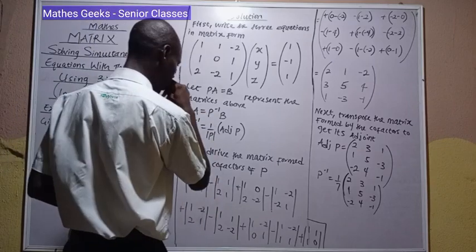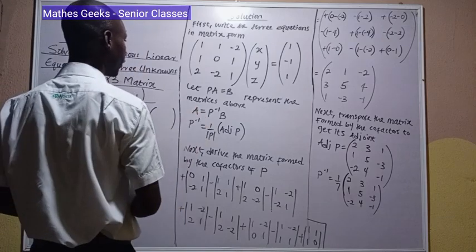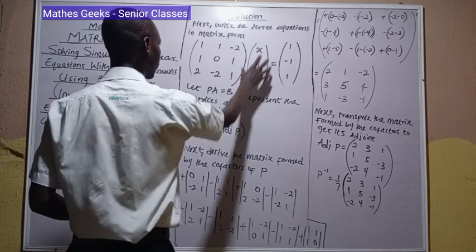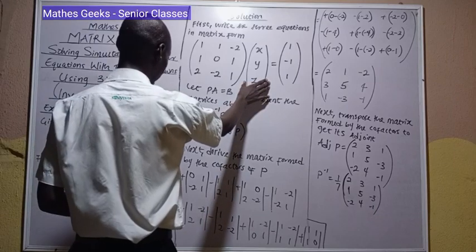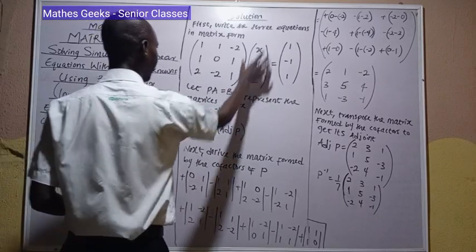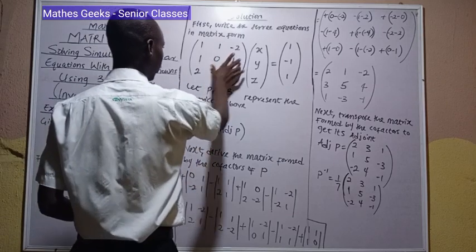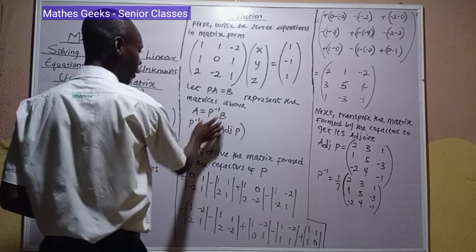So now, to get A, which is XYZ, that's the unknowns that we are solving for. To get XYZ, it will be P inverse, which is the inverse of this, multiplied by this. That's what this part of the equation implies.